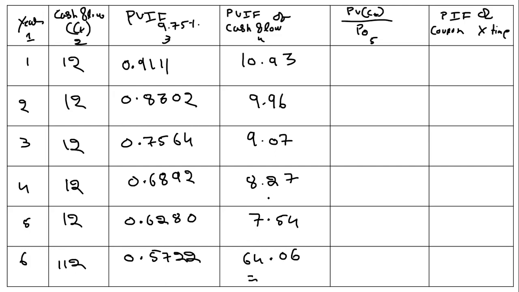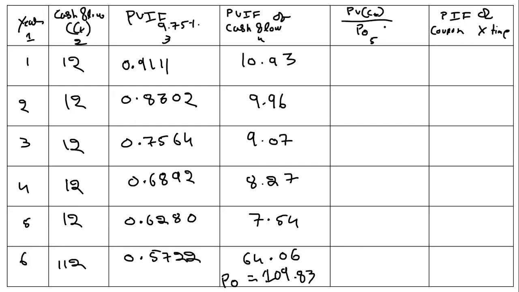Let's add: 10.93 plus 9.96 plus 9.07 plus 8.27 plus 7.54 plus 64.06. So we get 109.83. So this is P naught.